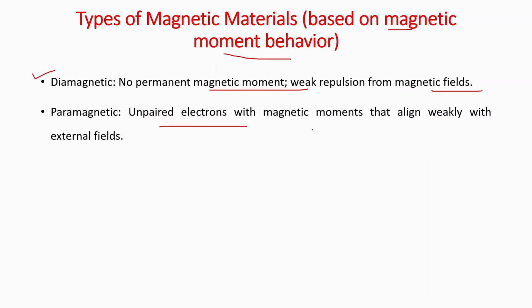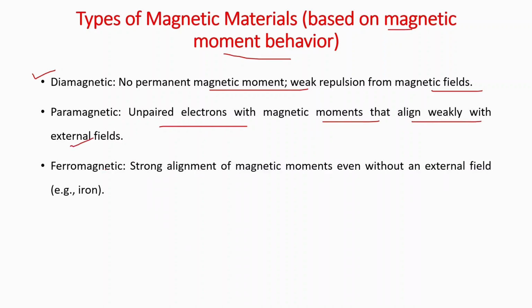Paramagnetic materials have unpaired electrons with magnetic moments, but they align weakly with external fields. Ferromagnetic materials are very strongly magnetized, with strong alignment of magnetic moments, and they remain aligned even when the external magnetic field is withdrawn, for example iron.